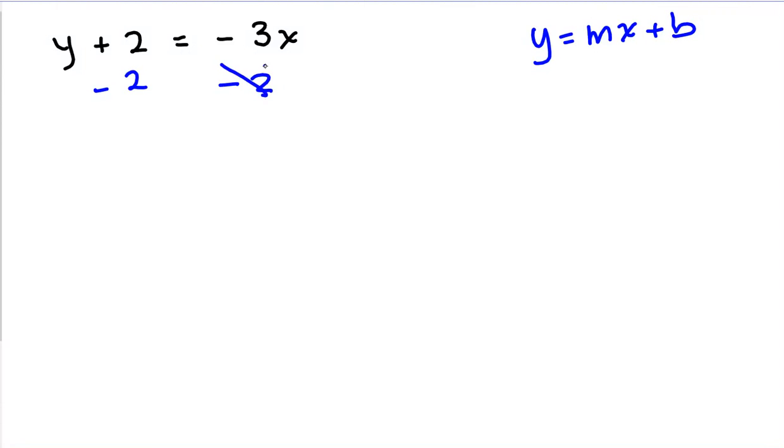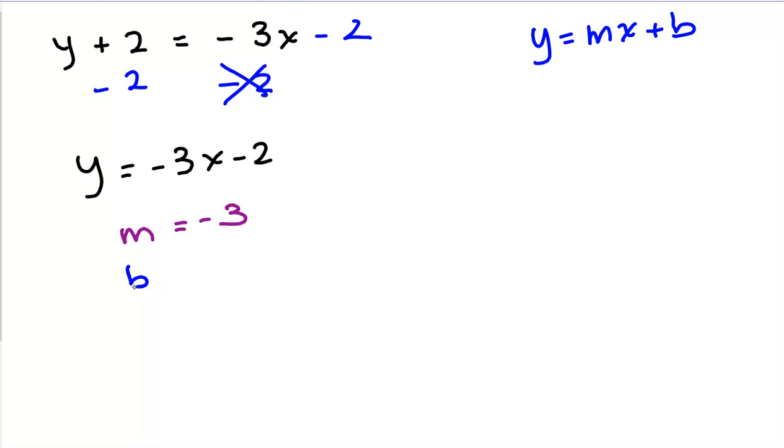So we're just going to add it over here. Now our equation looks like y equals negative 3x minus 2, because there are no like terms. Now we can see that it's written in y equals mx plus b, and so our m is equal to negative 3 and our b is equal to negative 2.